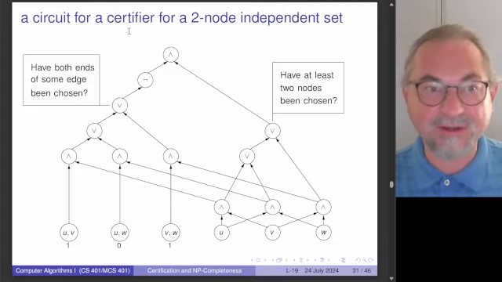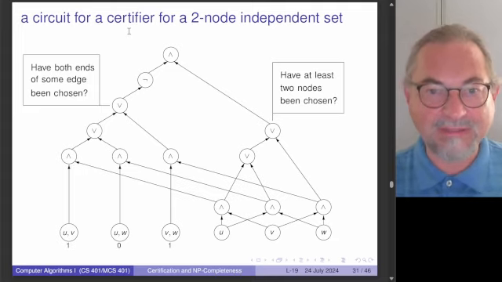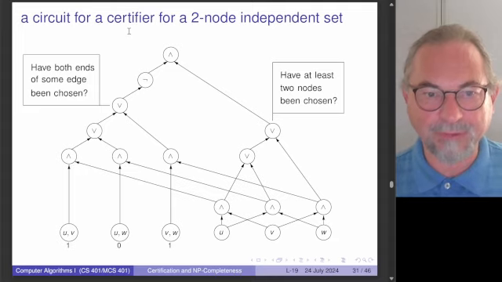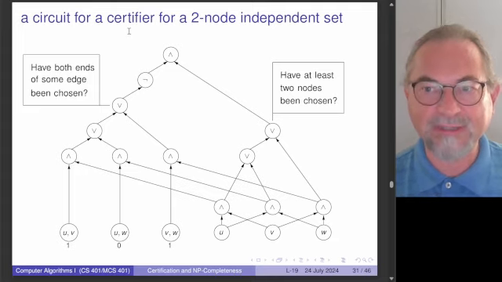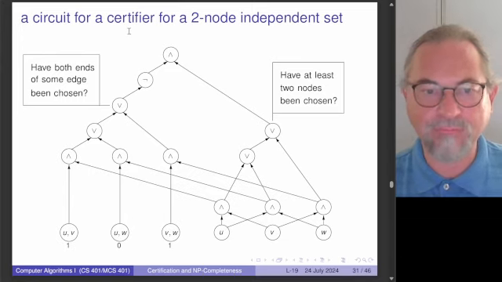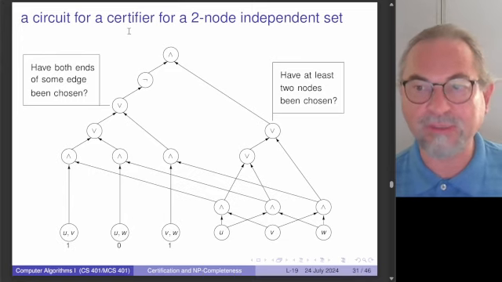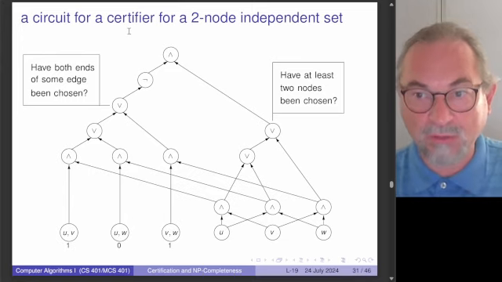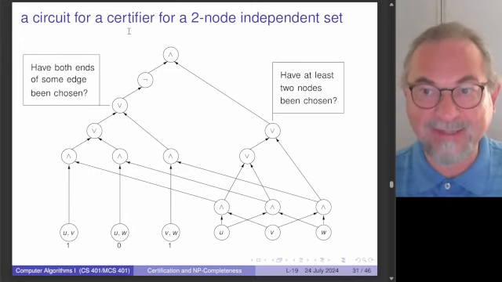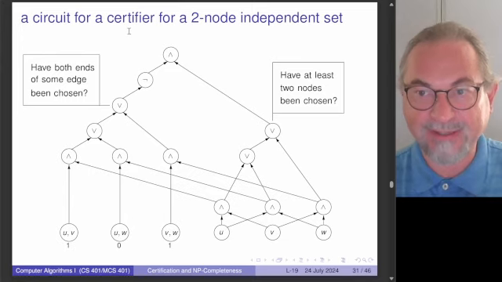So let's read this circuit. We have 6 nodes at the bottom. We have 3 constants, and the 3 constants are encoding whether there is an edge or not. So we have 3 nodes, U, V, and W. These will be the 3 inputs. When we have an input 1, we say that we select that node.